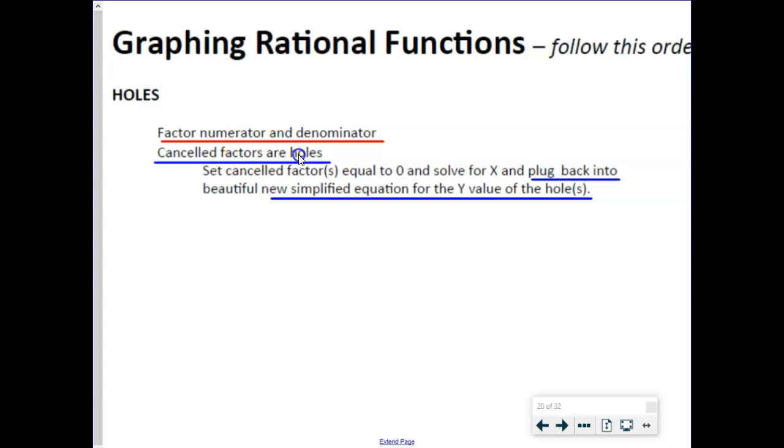Once you factor and cancel because you have a hole, then you're going to be plugging everything back into the new simplified equation, the reduced rational. So what I think about on this set of steps is, once I get to that step, and I've talked about where the hole is, everything after that, I no longer look at my original function anymore.